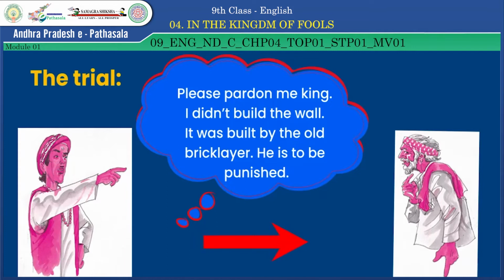So, I am not the culprit. The person responsible for the death of the thief is the dancer girl." The king thought, yes, the answer of the bricklayer seemed appropriate. Now the judgment was given to the dancer girl.